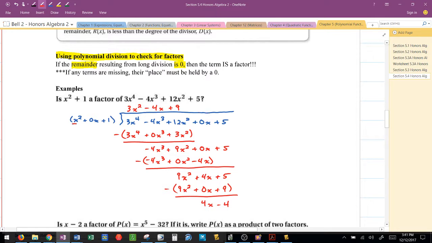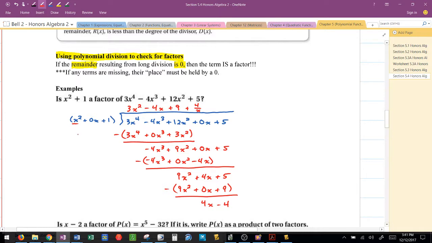Now, can I multiply anything by 0x in order to get 4x? No, because if you notice this up here, I can't go any further, because if I multiply by something other than maybe a fraction or something like that, I'm not going to be able to get down to 4x. I got to be able to take a value off of that power. So, is this divisible? Well, maybe. How could I make a power disappear? Well, let's try this. What if I multiply this by 4 over x?